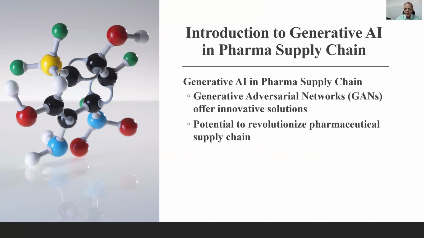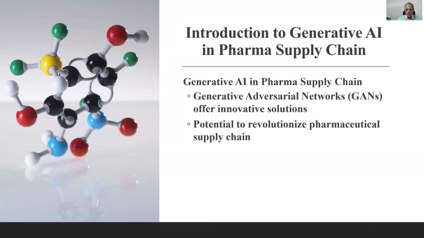Introduction to generative AI in pharma supply chain is very interesting and it's really required. The emerging technologies can really contribute big benefits to the industry. Generative adversarial networks can be developed to offer innovative solutions.